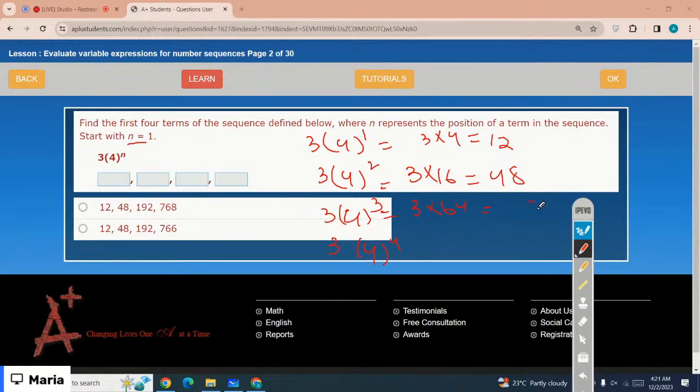And 3 times 64: 3 times 4 is 12, 3 times 60 is 180, so 192 it is, right? You can multiply on your own. For the fourth term, you have to evaluate 4 exponent 4.